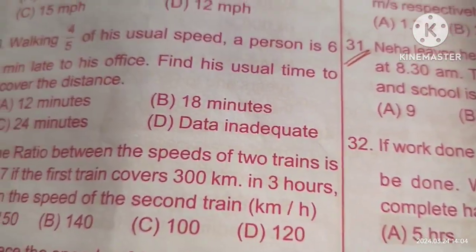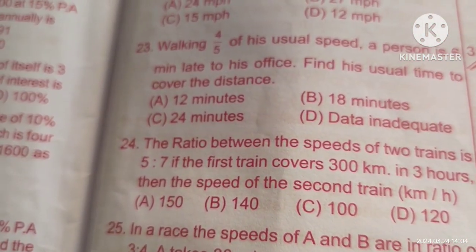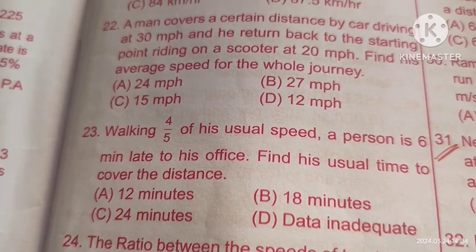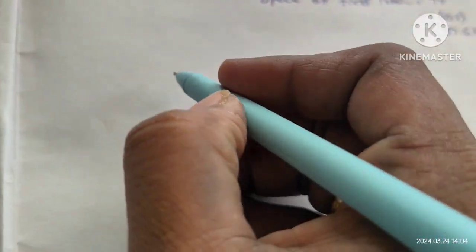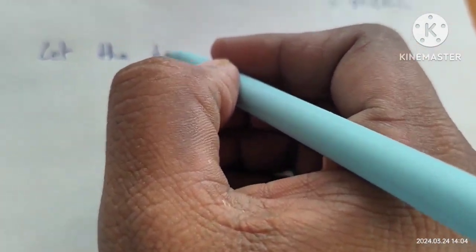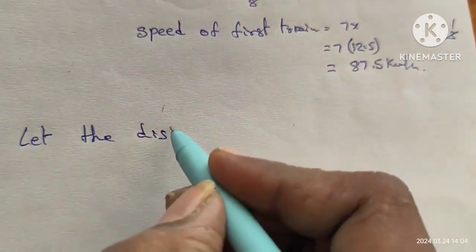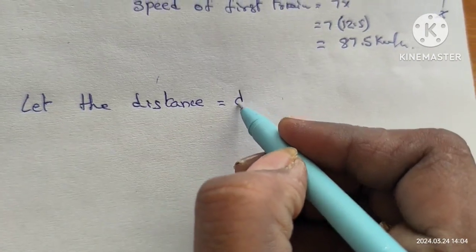Here we have to observe it. They have not given time and also distance, but they have given only the speed of the car and the speed of the scooter. So let the distance be d.